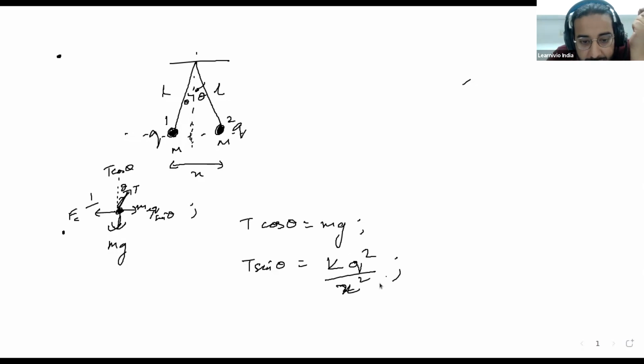If the masses are equal and the charge is also equal, wouldn't the equilibrium lie in the center of both the masses? The equilibrium position will be here only. This is the position in equilibrium.